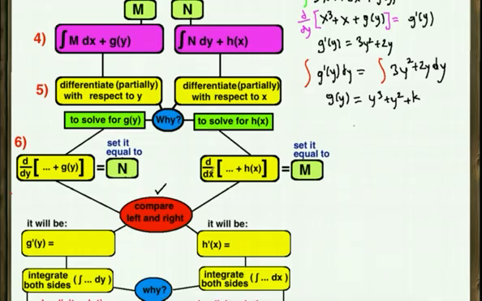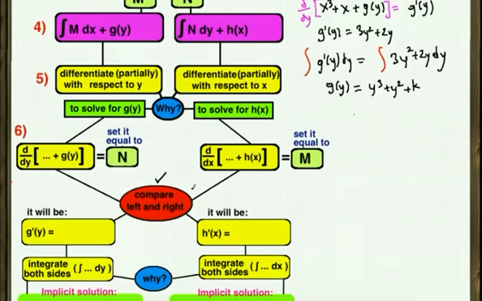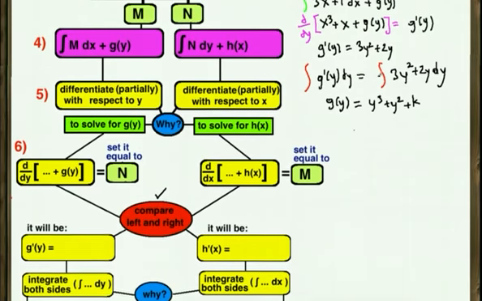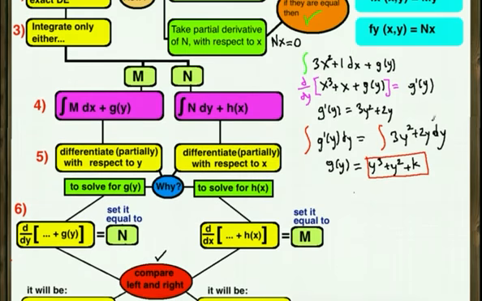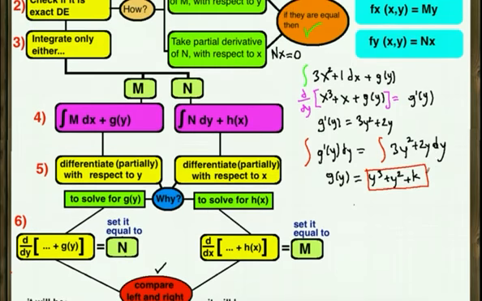Now let's go to the next step. Since we have g of y here, this g of y will be substituted into our f of x, y.